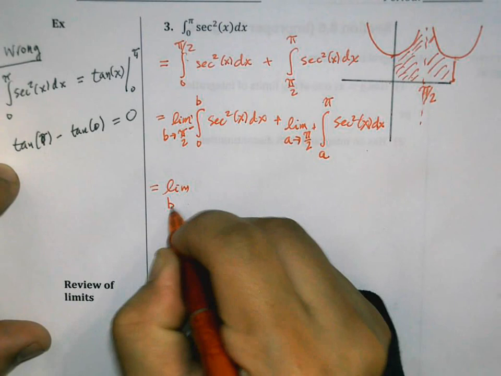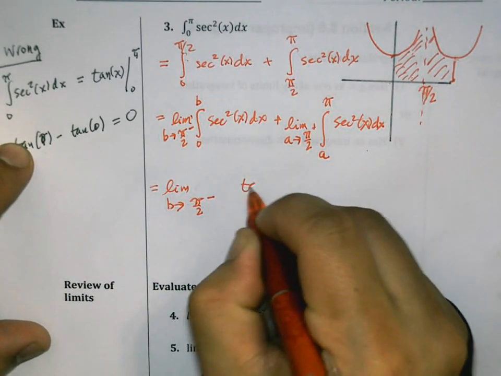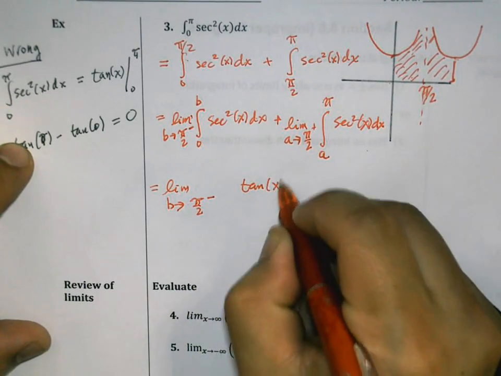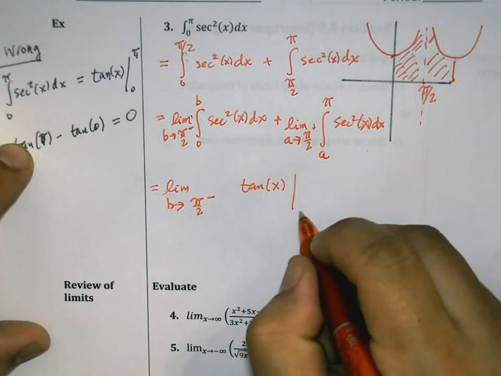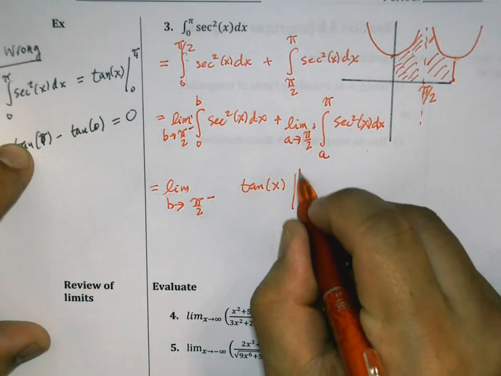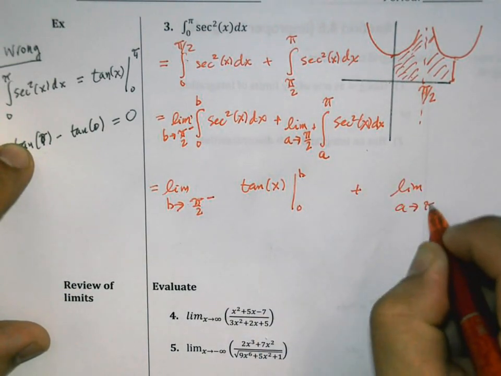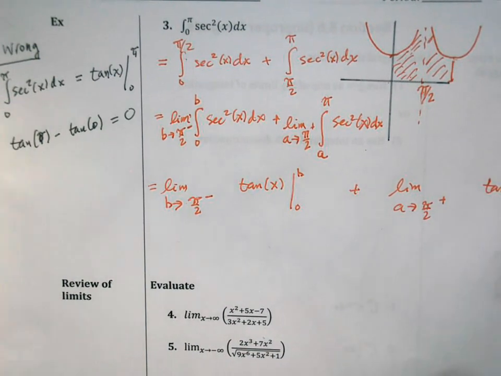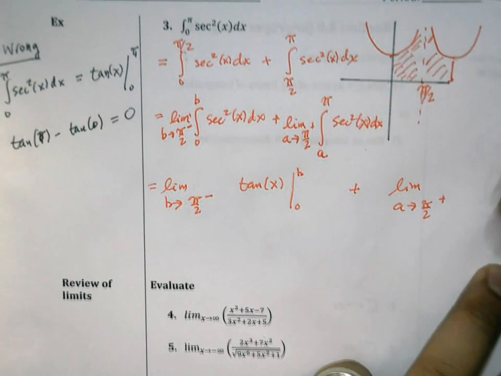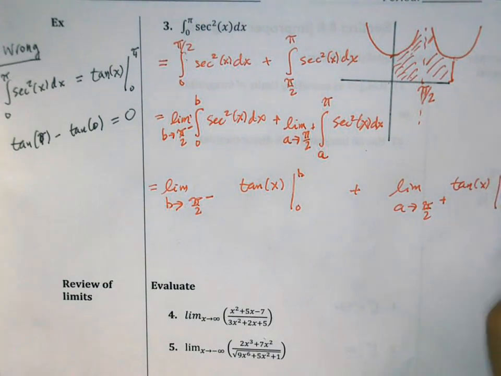So the limit as b approaches pi over 2 from the left of the tangent of x, because the antiderivative of secant squared is still tangent, from 0 to b, plus the limit as a approaches pi over 2 from the right of the tangent of x evaluated from a to pi.